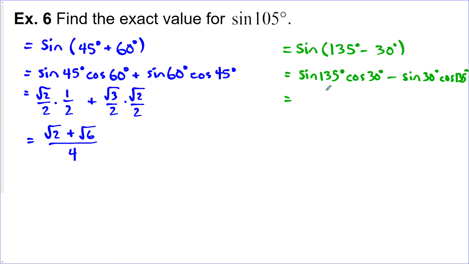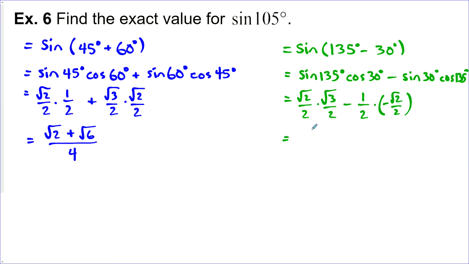Sine 135 is root 2 over 2. Cos 30 degrees is root 3 over 2. This is minus. Now we got sine 30 degrees is 1/2. And cos 135 degrees is negative root 2 over 2.